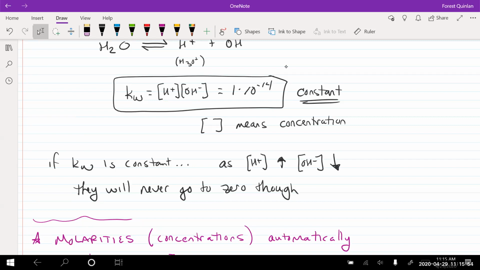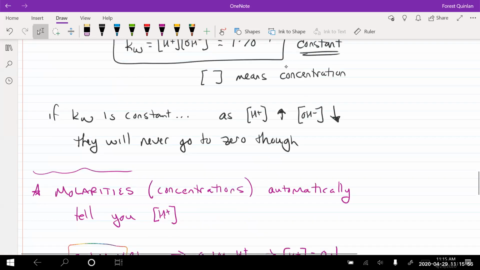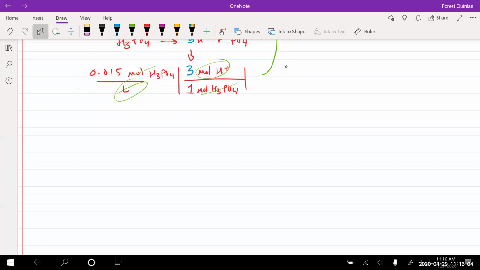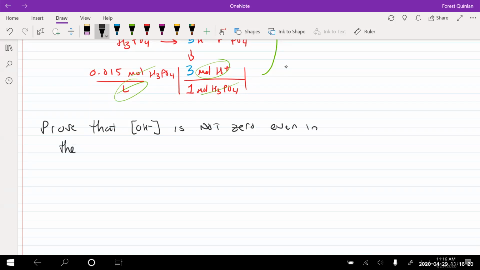And we're going to use that equation right now because I want to prove to you that you do not have zero hydroxides, even in these acidic solutions. So let's prove that the concentration of OH minus is not zero, even in these acids.